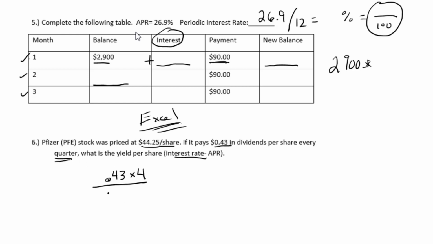And that's divided by the amount the share costs. And you take that and you want to find that over 100, which is a percentage. And then you would get the percentage.